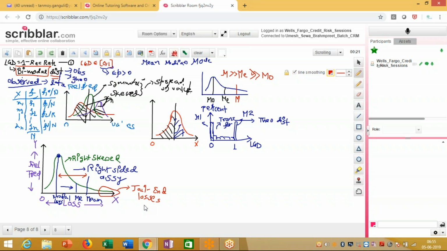So if you think about it, in this particular loss distribution, the mean losses play a very critical part, right? And we, as modelers, are interested in answering this mean loss.